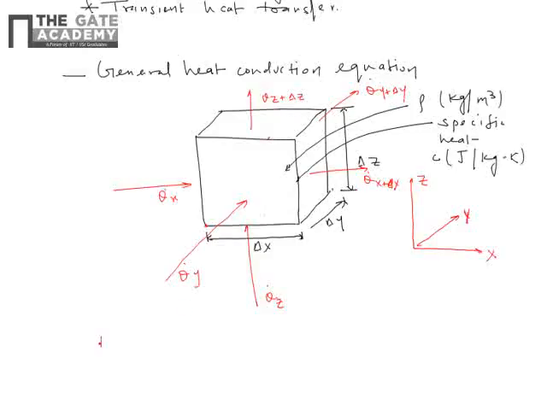So from first law of thermodynamics, delta Q is equal to change in internal energy plus work done by the system.